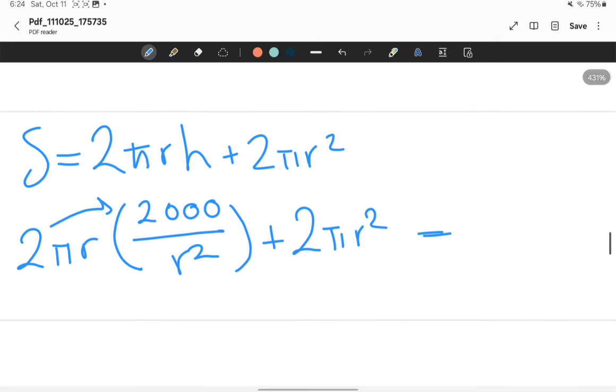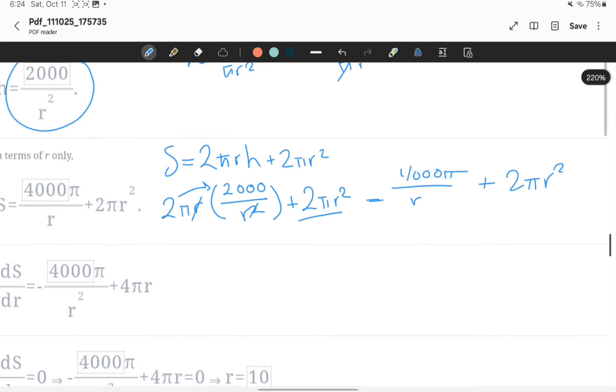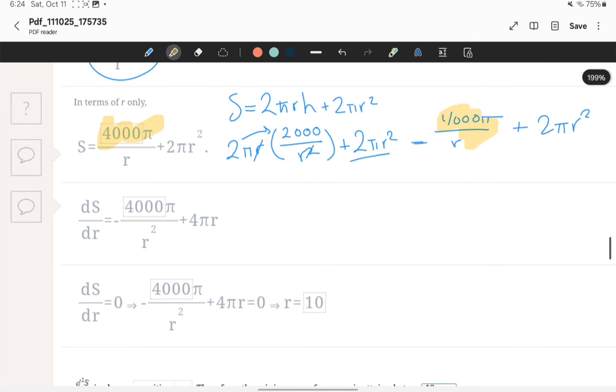Simplify this: 2 times 2000, you get 4000, and this 4000 pi, and then r cancels out with r squared, just all this over r, and then this part stays the same, 2 pi r squared, and that's your answer. They want this part only, so I give them.